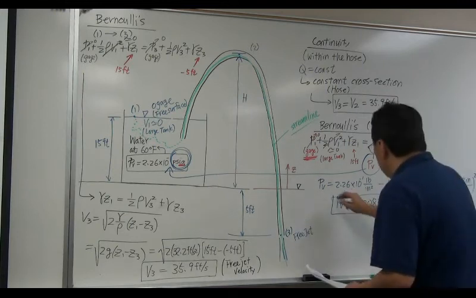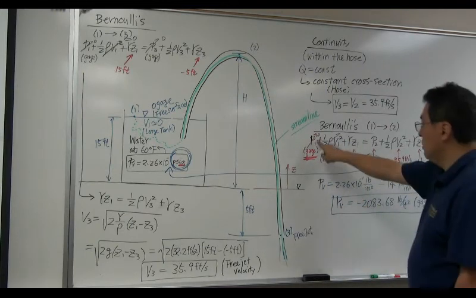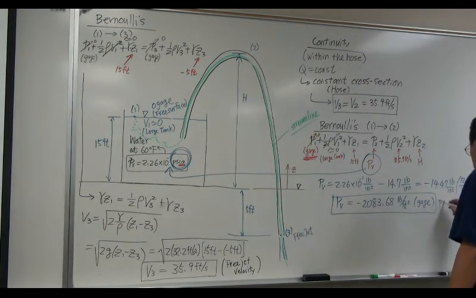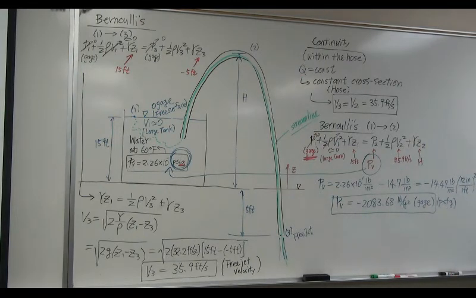Important, I want to use gauge here and also gauge here. Both gauge pressure. You can't mix up gauge and absolute. So this is a PSFG. Okay. So let's finish up.